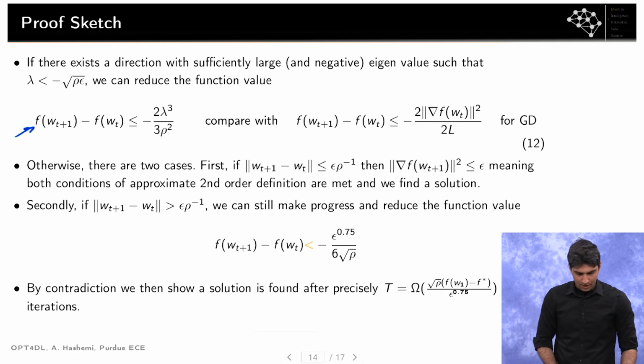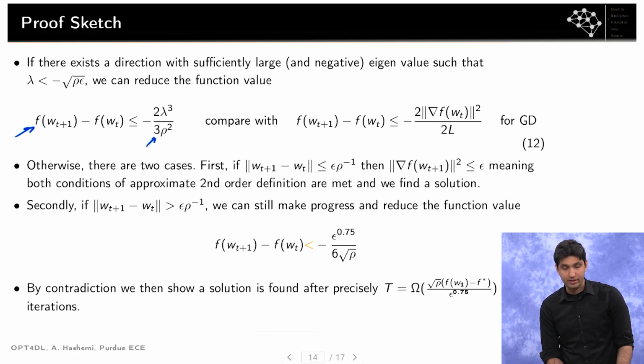Okay. And crucially, the point I want to make here is that the amount of progress we are making depends on how large that negative eigenvalue is. The larger it is, the more progress we are making.